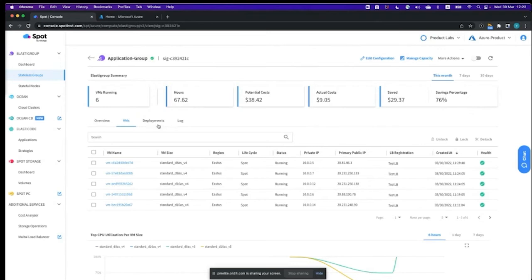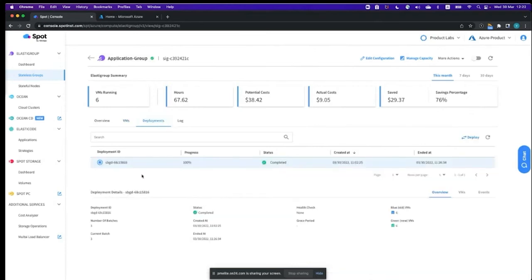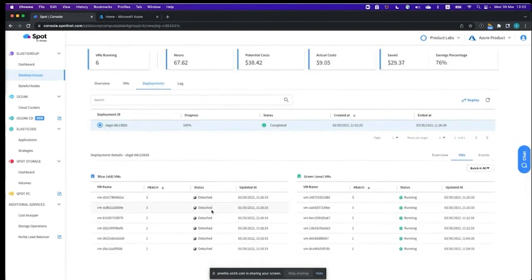An interesting thing here is that we can see a deployment. We had a deployment inside the group, where you want to deploy new code, a new version, to those instances. You actually run a deployment, and you can do that with this button. It's a blue-green deployment. In this specific deployment, we had 3 batches, each batch containing 2 instances, and the old VMs were replaced by the new VMs.